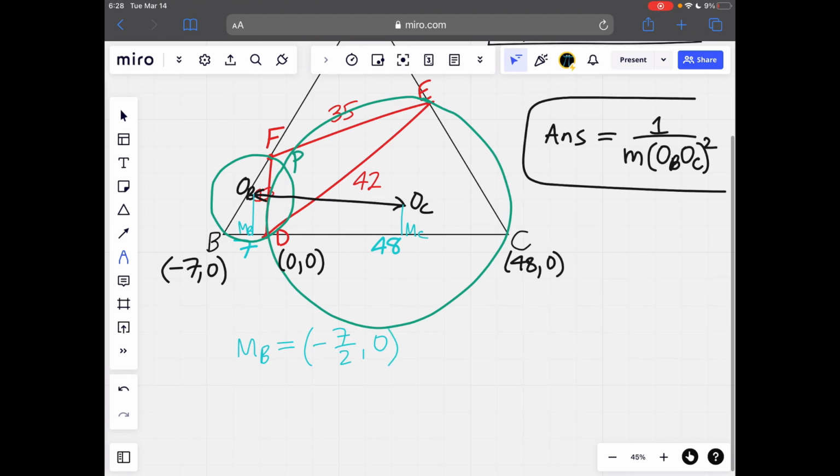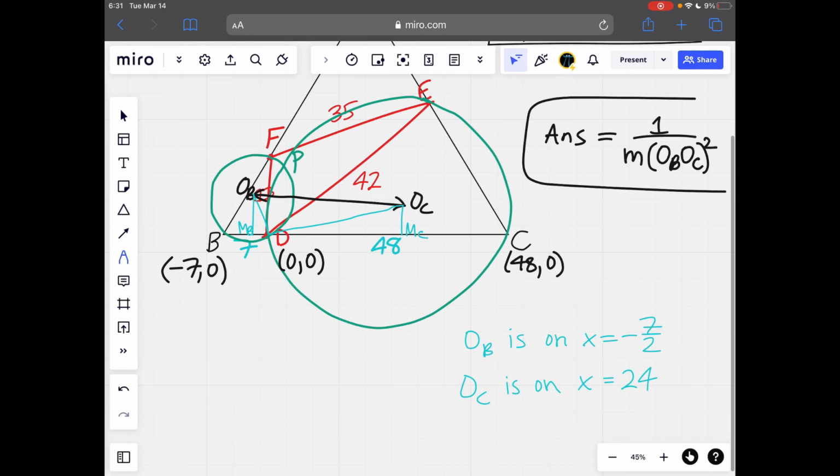That's the midpoint of BD. And MC is equal to 24, 0. These imply that OB is on the line x equals minus 7 over 2, and OC is on the line x equals 24.